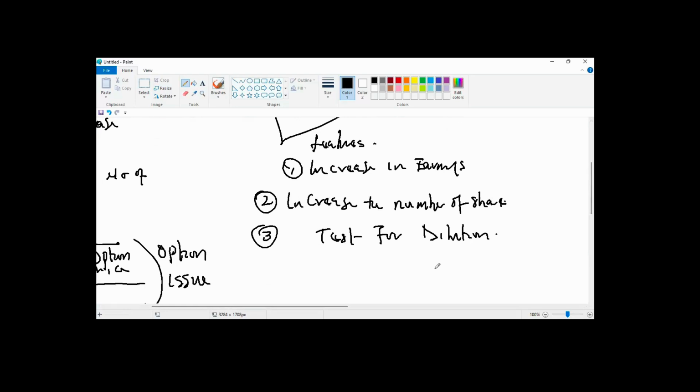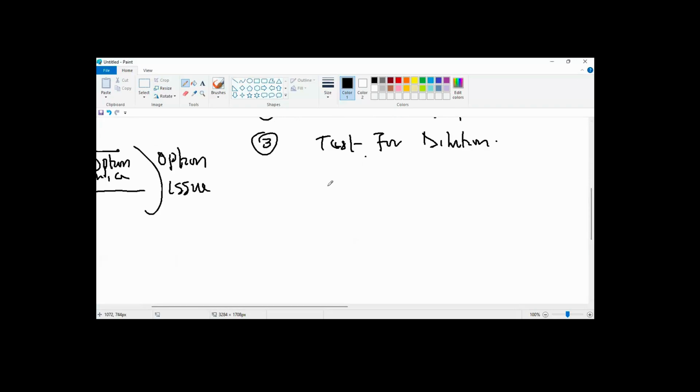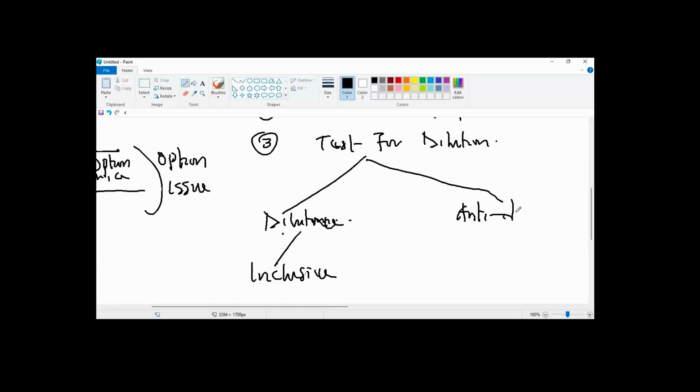If dilution takes place, if it is dilutive, I will include it. But if it is anti-dilutive, I will not include it.